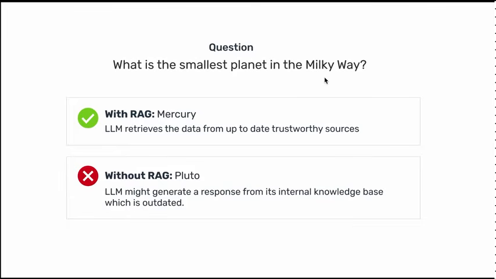Whereas if you didn't have RAG, and your LLM was programmed a couple years ago, it might generate a response that's pretty out of date because it's only referencing its internal knowledge base, which is dated to the time that it was originally trained. So in some cases like this, it might give you an outdated response, like to the question of the smallest planet, it might say Pluto, which we all know is no longer the case.